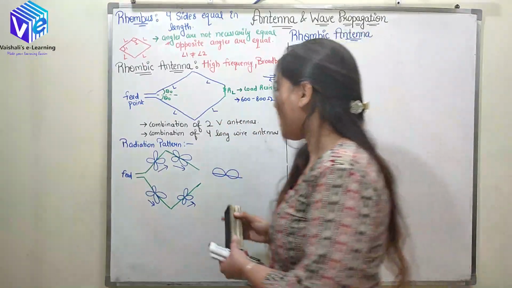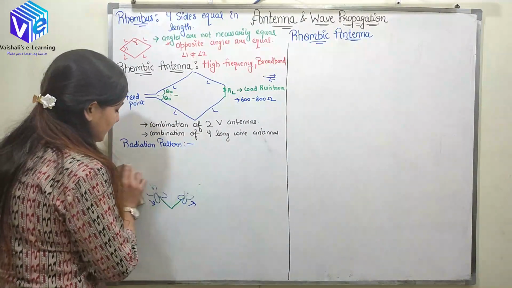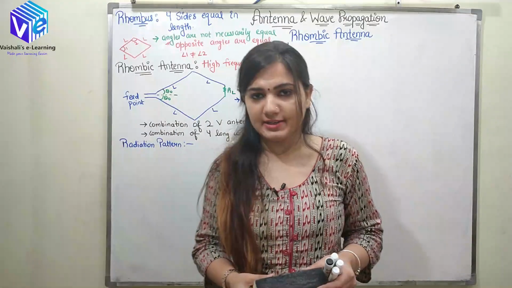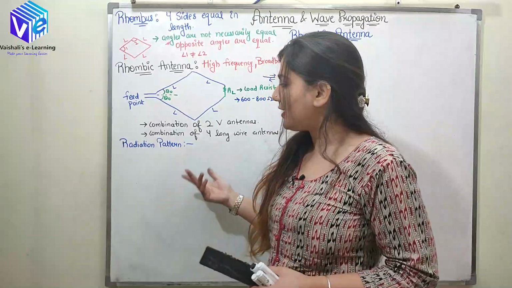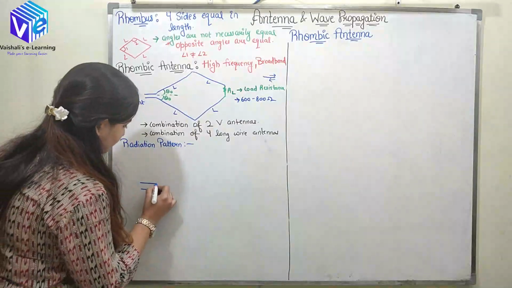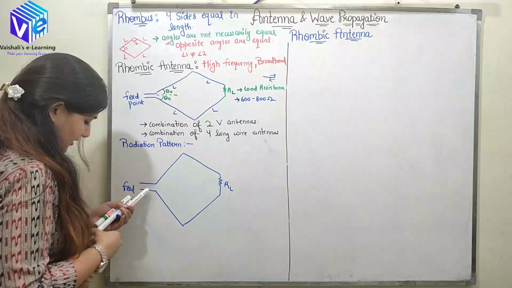Now we have the radiation pattern of the rhombic antenna when it is connected to the load resistance, which is used predominantly. So now we'll see the radiation pattern of the rhombic antenna when it is connected by the load resistance. This is my rhombic antenna.